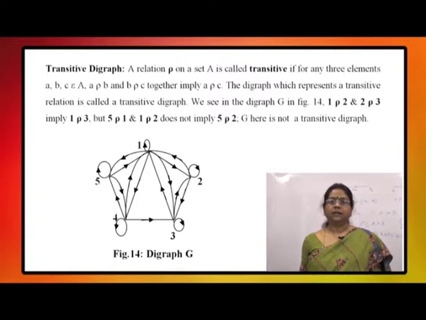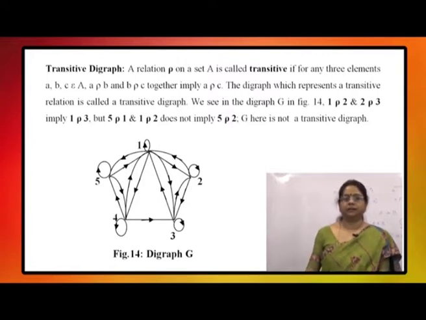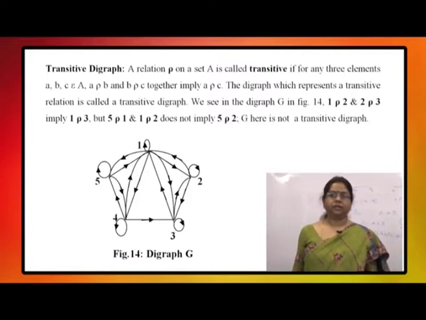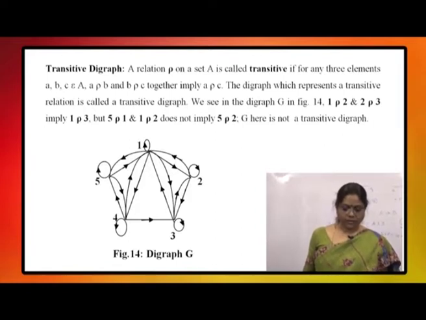So here we get a triangle, but if we look more clearly, then we can see that 5 rho 1 and 1 rho 2 holds, but 5 rho 2 does not hold. So the digraph given in figure 14 is not a transitive digraph.